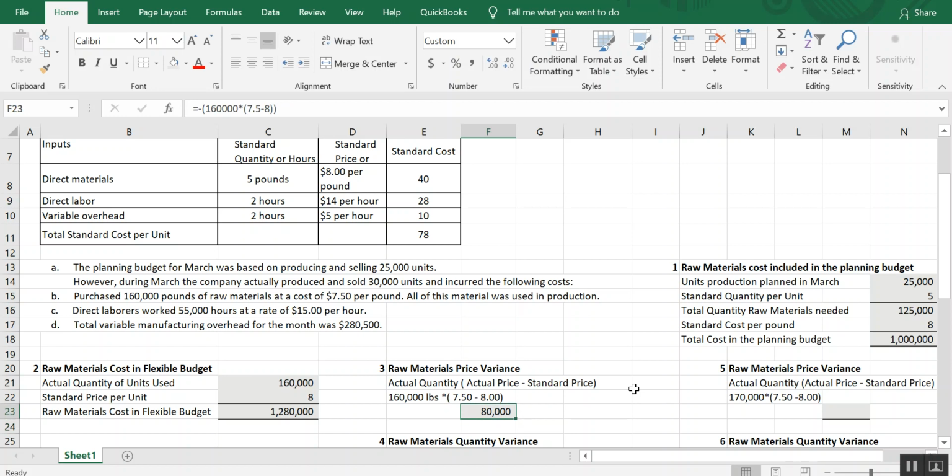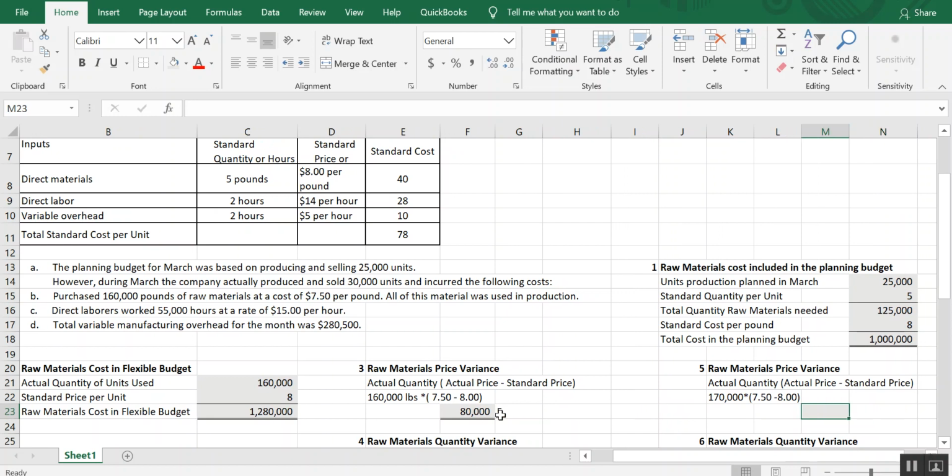We enter, we get $80,000. That's the price variance. That's the difference at this quantity level. That's the difference that the price makes. And since it's below the standard, it's a favorable variance.